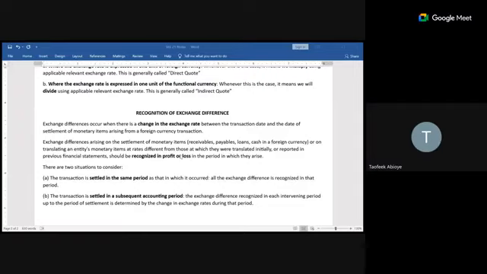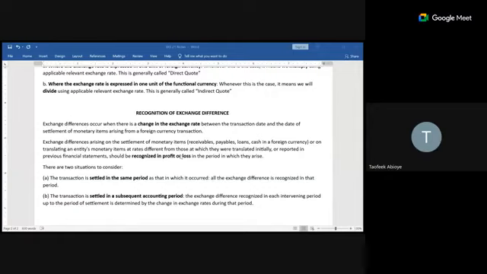So exchange difference will be recognized in profit or loss. What the standard is saying is, when are we going to recognize that exchange difference? When it is a different period, we recognize it in the previous financial statement when it is a monetary item.